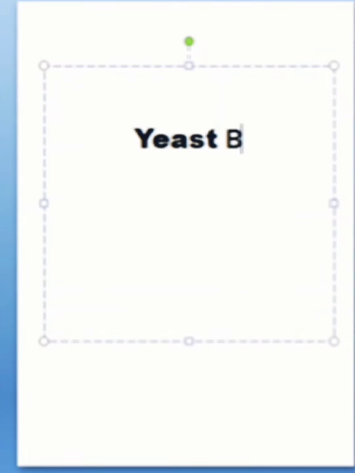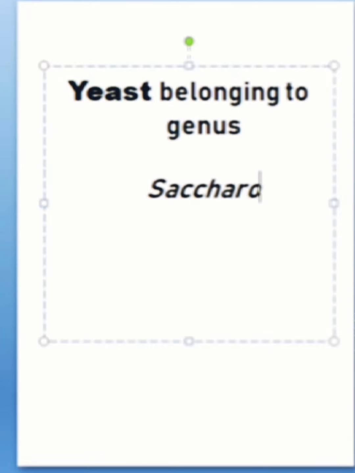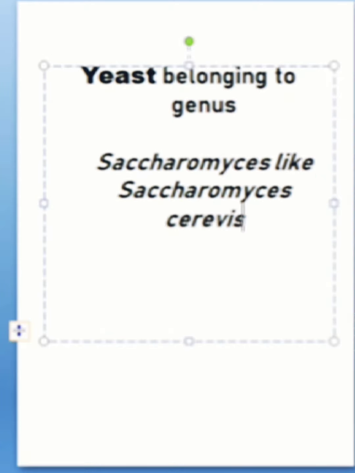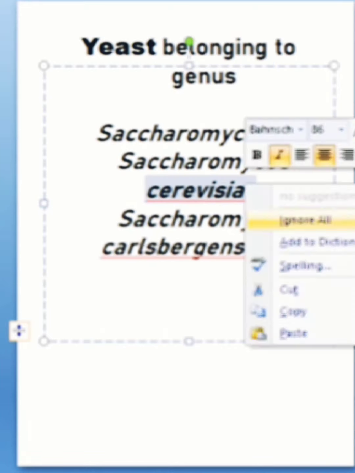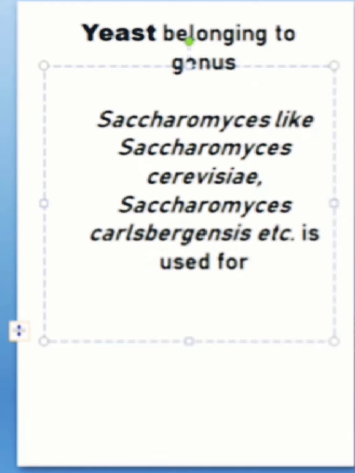Alcohol production or ethanol production is an anaerobic process which requires microorganisms like yeast or bacteria. Yeast belonging to genus Saccharomyces, like Saccharomyces cerevisiae or Saccharomyces carlsbergensis, usually are used for ethanol production.